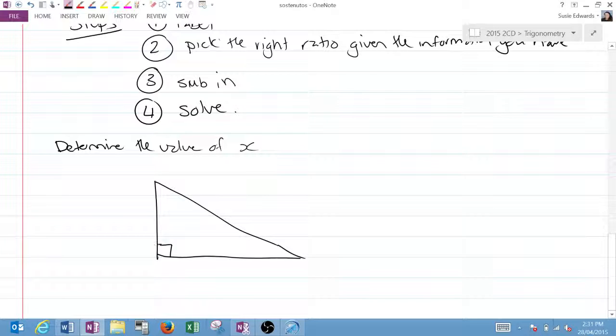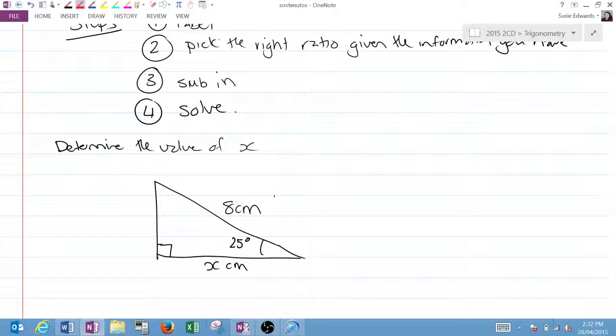So, it has a right angle. Alright, so this is the information we've been given. Okay? And what information you're given will determine what ratio you need to use. So, first thing we do is we label the information we have.